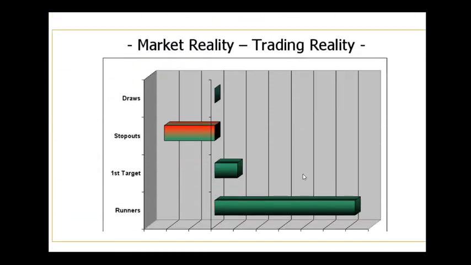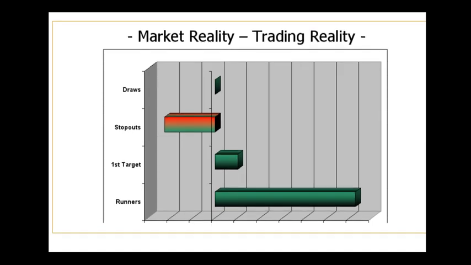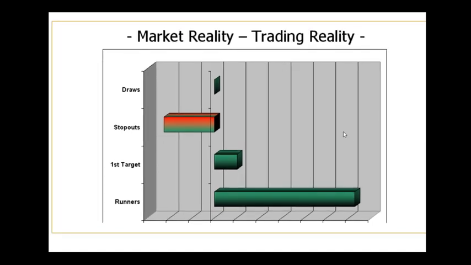All right, now the other thing is that we're always going to have these 4 types of outcomes on our trades. We're going to have our full stop outs, right? We get in, and it could be news, it could be just a really super erratic market.